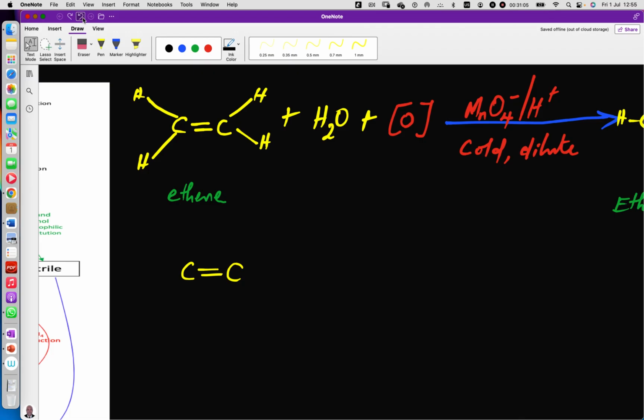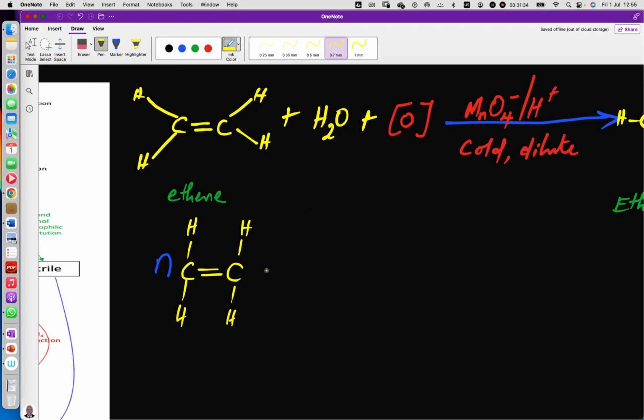Let me say this is the alkene. We have n alkenes; we don't know the number of alkenes that are here, so let's say n alkenes.